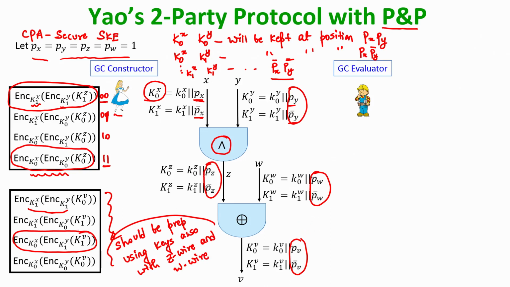So, if I take the third entry here, the third entry should correspond to the key for Z being 0 and W being 0.